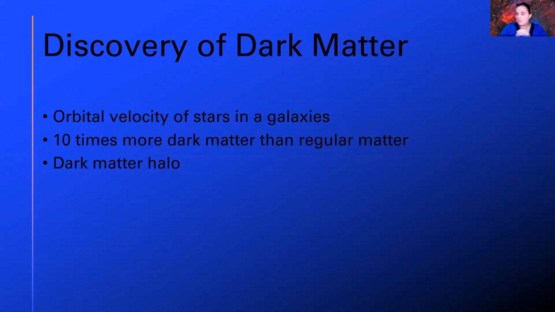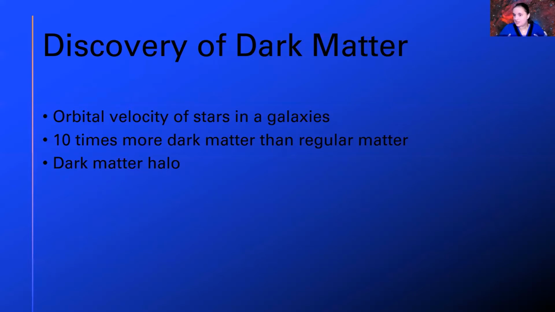But that's not what we detected at all. In fact, many of the stars were not only faster, but about the same speed as some of the stars that were closer in on the galaxy. In order to have that kind of speed, you had to have enough mass pulling on these stars to be able to have them go as fast as they do.